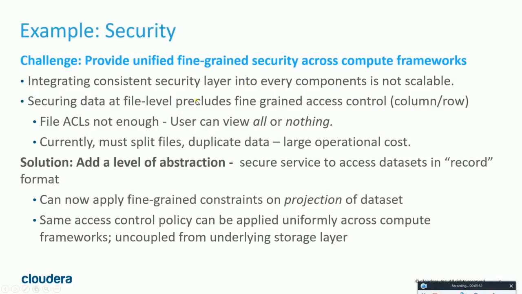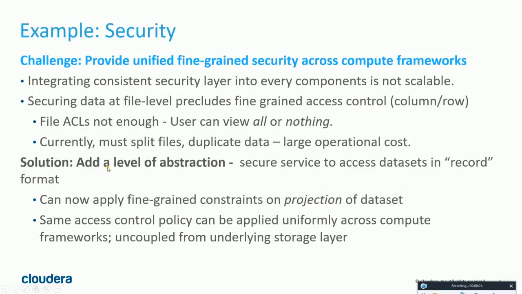File level permissions are good, but they're not enough, because you can only grant a file to a user to see it or not to see it. There are a lot of limitations because then a file must be split, and then there's duplicate data. So one file is not enough. There should be a couple of files, and that's a huge operational cost because files are large.